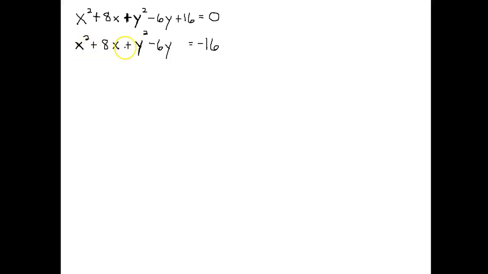And there is. There's an understood 1 in front of those, so I don't need to do anything further there. Then I'm going to group my x terms together, and I'm going to leave a little bit of space here because I'm going to need that. Plus, I'm going to group my y terms together. And again, I'm going to leave a little space on the end here before I close the parentheses.